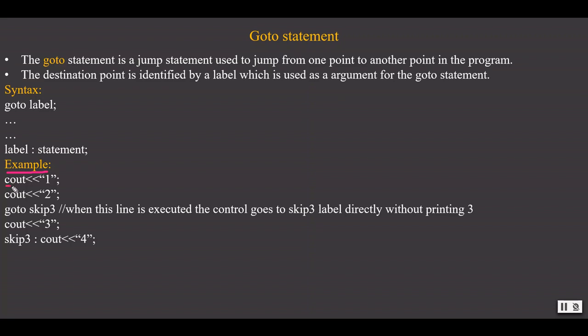This is a cout statement where it displays the number 1, another cout statement to display 2. Here a goto statement is encountered followed by a label. Here skip 3 is the label used. This is the label.